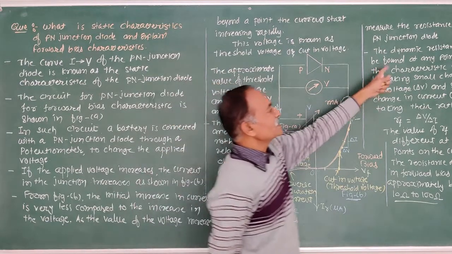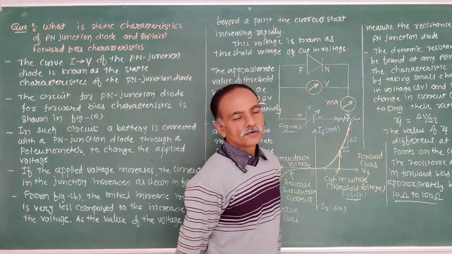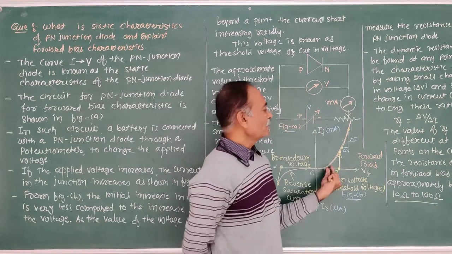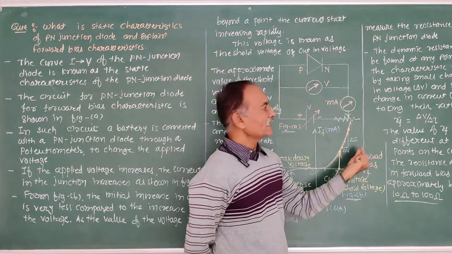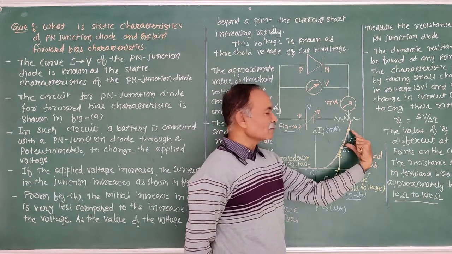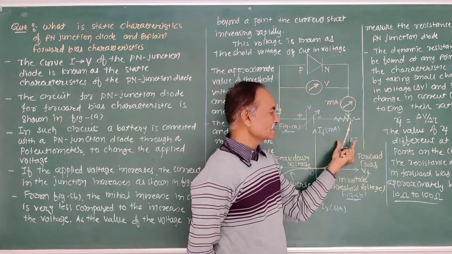The dynamic resistance of a PN junction diode is measured at any point on the characteristic curve by taking a small change in voltage and a small change in current and their ratio.